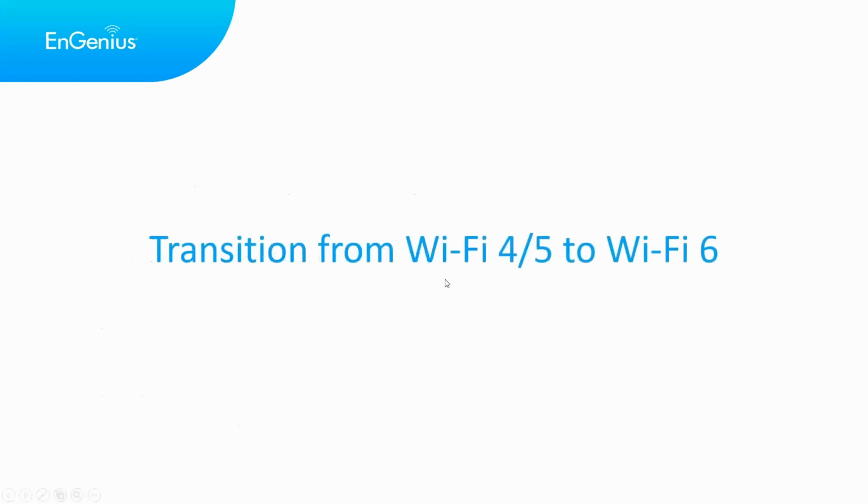So, transitioning from Wi-Fi 4 or 5 to Wi-Fi 6. In terms of compatibility, there should be no issue, especially if the devices are up to date. The only thing that you need to take note of when upgrading the devices on the client side from Wi-Fi 4 or 5 to 6 is the transmit power. In most cases, Wi-Fi 4 or Wi-Fi 5 devices have higher transmit power than Wi-Fi 6.